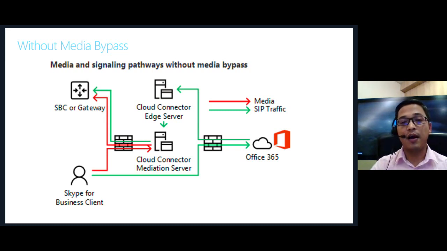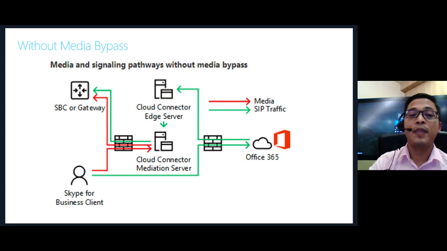Then we have to understand how the media and the signaling flow. The green color represents the signaling, the red color represents the media path. If you can see, the green color is always signaling. Signaling is the whole full circuit. All right, the media is always between the client, the mediation server and the gateway. So the Skype for Business client user always talks to the SBC through the mediation server before media bypass.